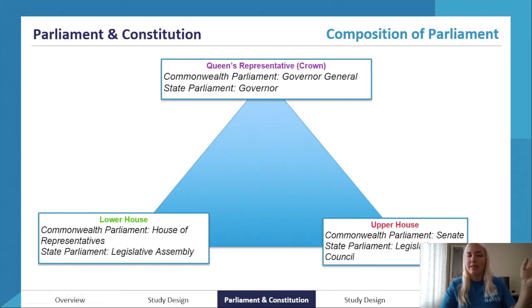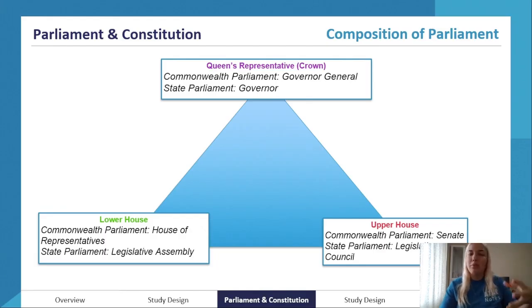This is the very last step when we're looking at the progression of a bill. So before any law becomes an actual law, it must have that formal step where the Queen's representative basically signs it off, so grants it that royal assent.